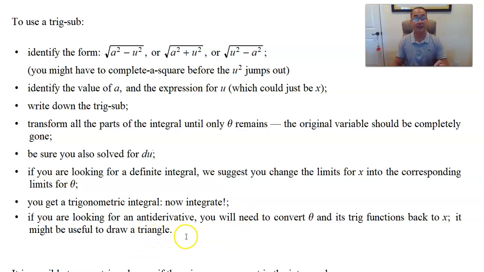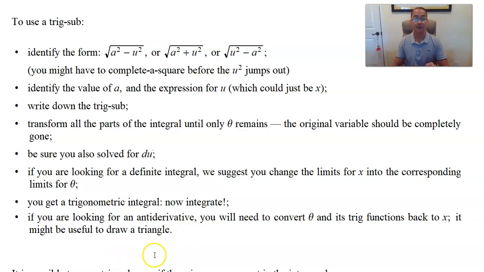But if you are looking for an antiderivative, there's more work to be done because you are going to get an antiderivative in theta after you perform this integration. But our original integral is in x or u or something like that. So theta has to go away to be replaced by x or whatever that original variable of integration was.